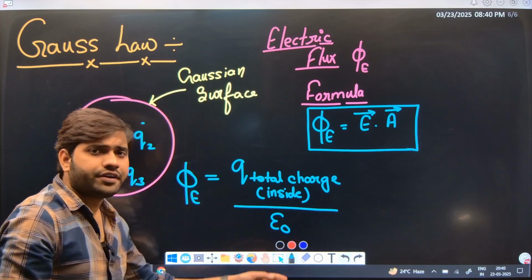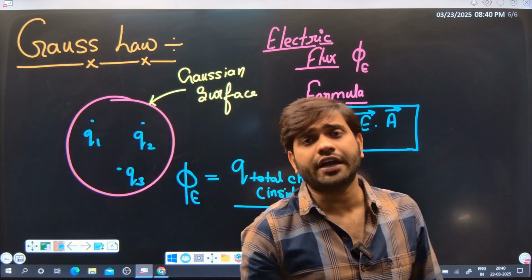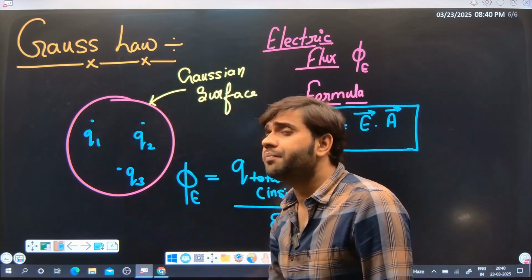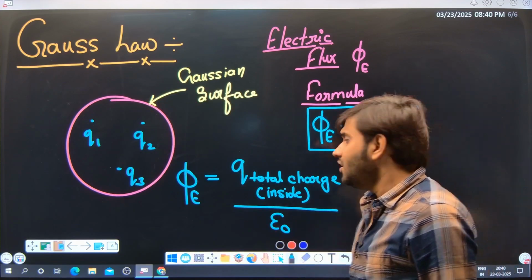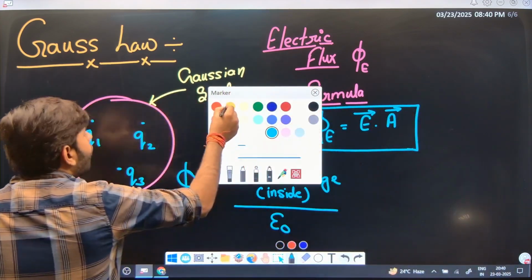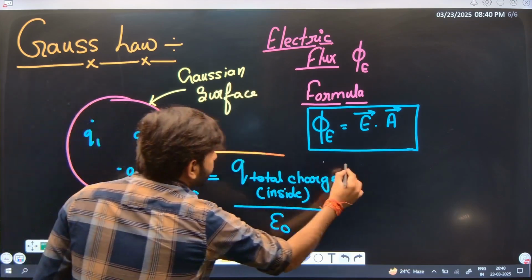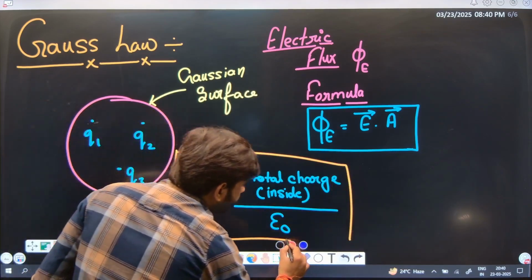This is the permittivity of the medium. I have taken the surrounding medium as air or vacuum, that's why I have taken epsilon naught here. This is the basic formula or law of Gauss. This is Gauss law.